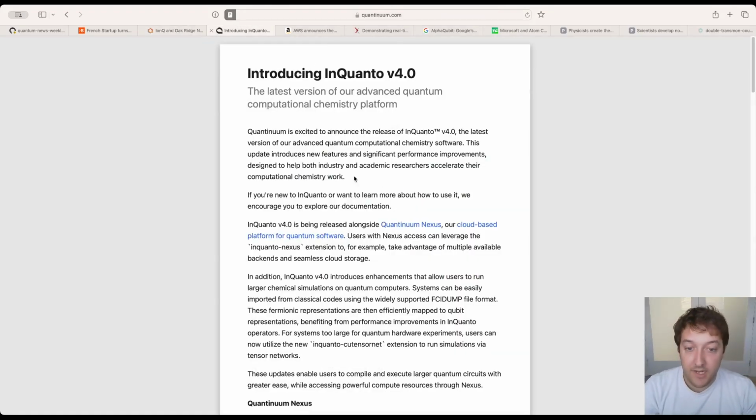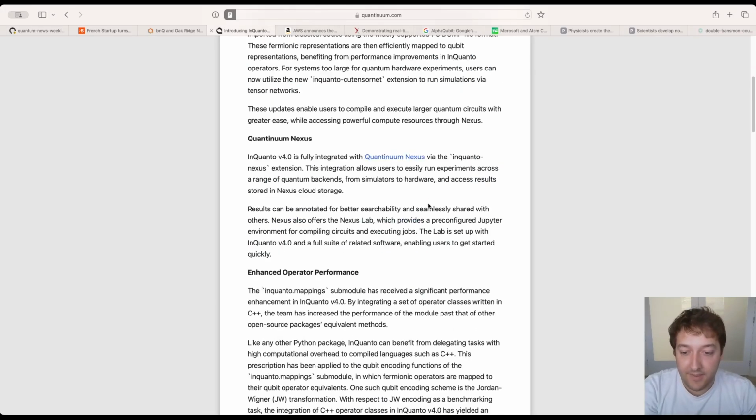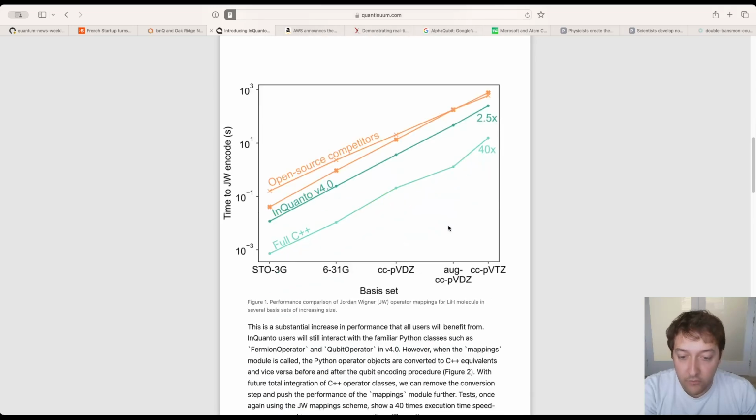Speaking about chemistry, Quantinuum announced their Quantum Nexus platform, and they also added an InQuanto version 4, which is doing, again, chemistry. Maybe we'll see QITE being implemented on InQuanto, but this is a very cool, useful way for developers to run chemistry simulations.